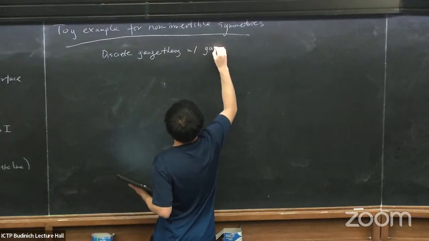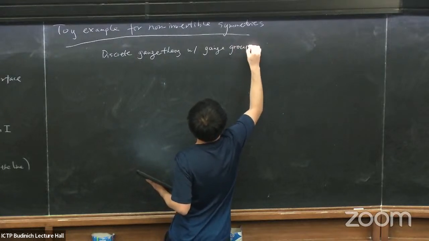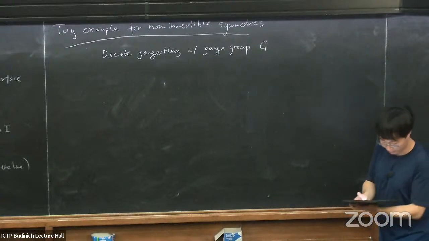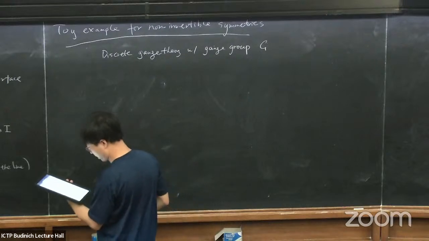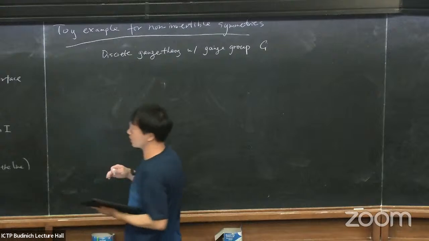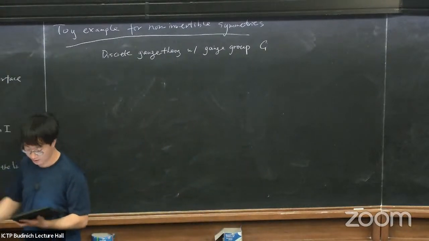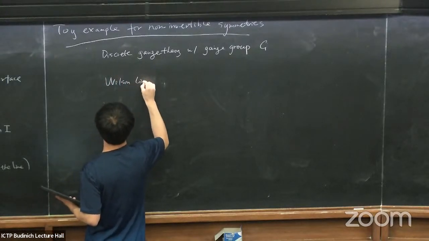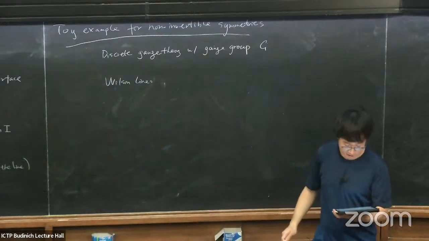With gauge group a discrete group G. Okay. I think some of you already asked me about this during the informal discussion. So in this case, there are interesting topological operators, which are extended objects. These are Wilson lines, just the analog of the Wilson lines you would have for a continuous gauge theory.